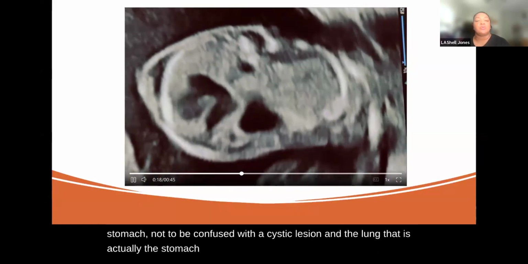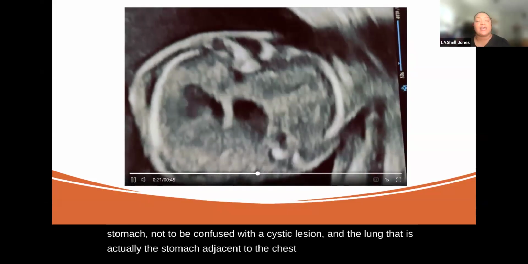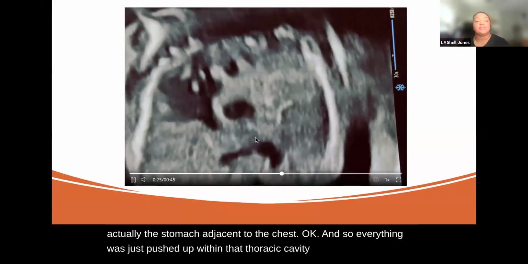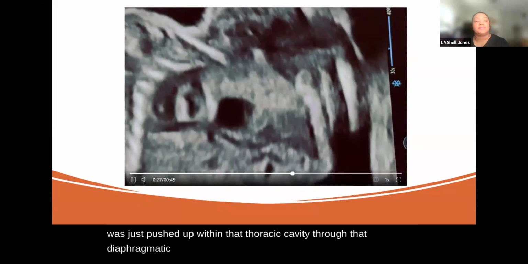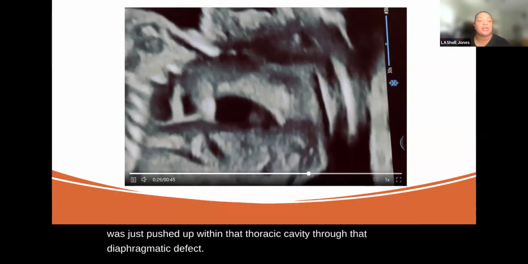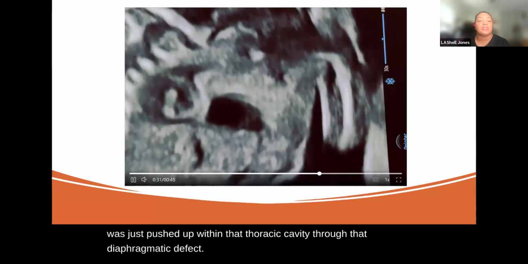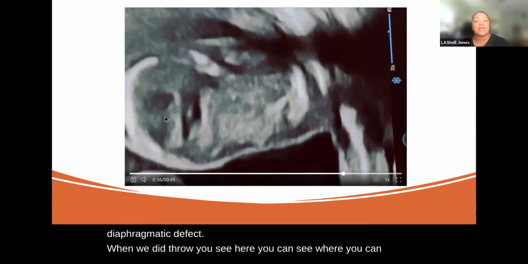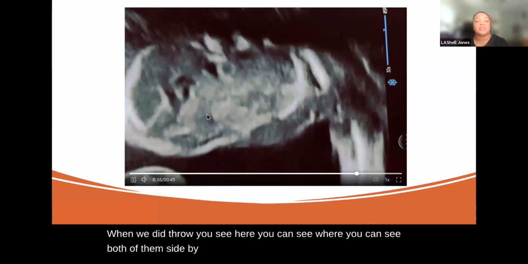Okay, and so everything was just pushed up within that thoracic cavity through that diaphragmatic defect. When we did throw, you can see both of them side by side, and it's causing that heart to shift over.